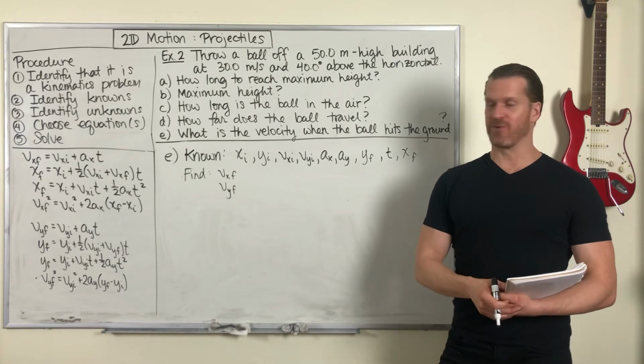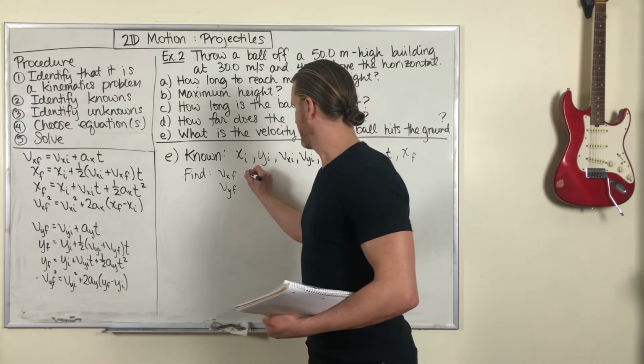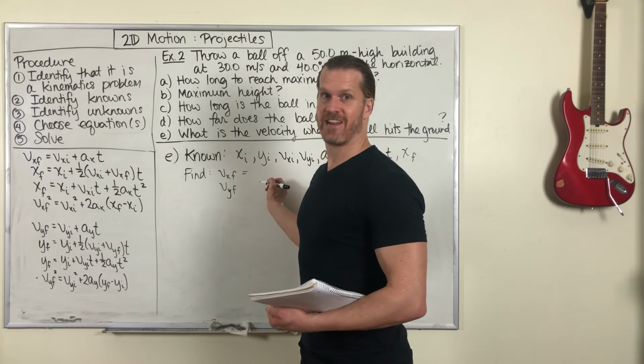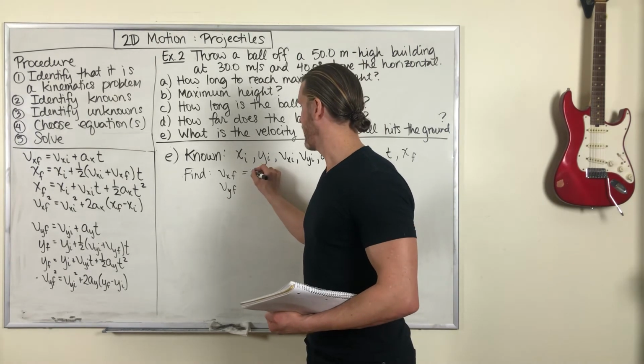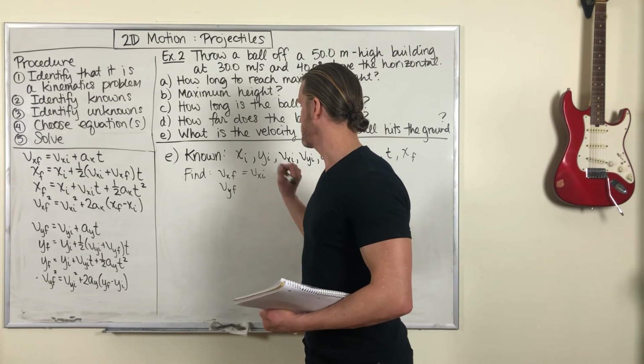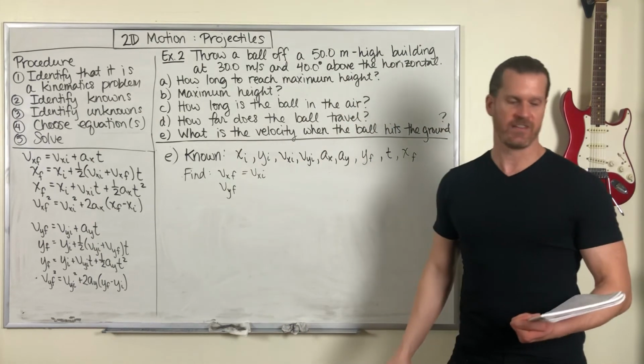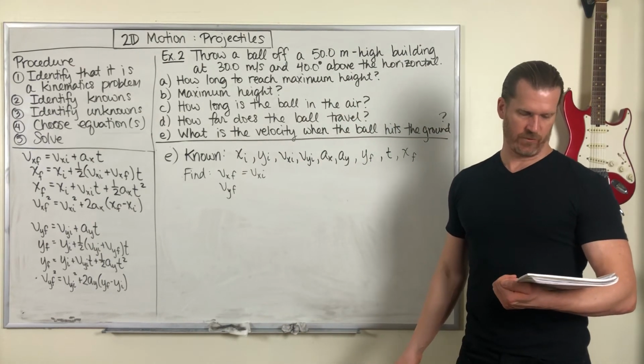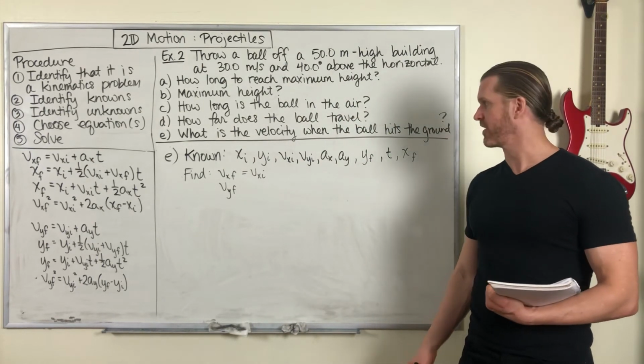Fortunately, the x component is super easy. It doesn't change during the entire motion, so the final x velocity is the same as the initial x velocity. That was 22.98 meters per second.